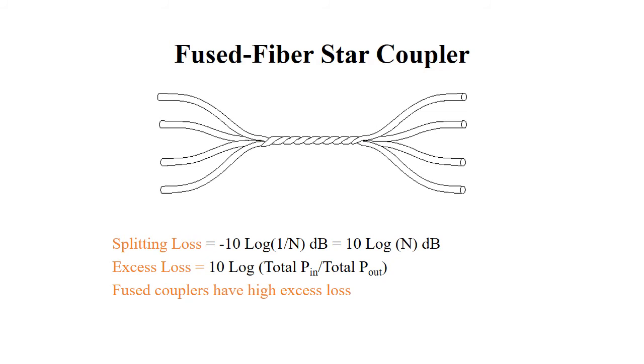The splitting loss in the case of the ideal star coupler can be calculated as minus 10 log base 10 of 1 by N, that is 10 log base 10 of N decibel. If the single input power is distributed among N output ports, then the excess loss of the fiber star coupler can be obtained as 10 log base 10 of total P in by total P out, that is P in by the sum over i equal to 1 to N of P out, i. The fused couplers have high excess losses.